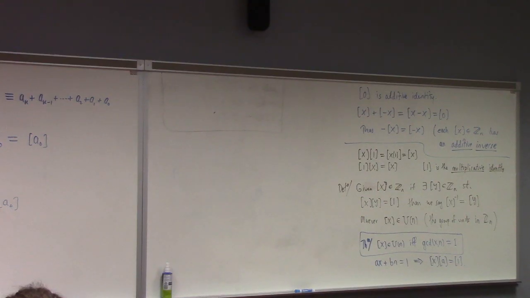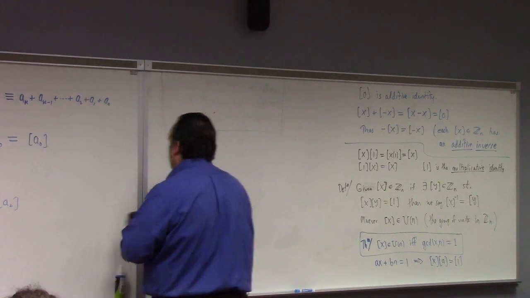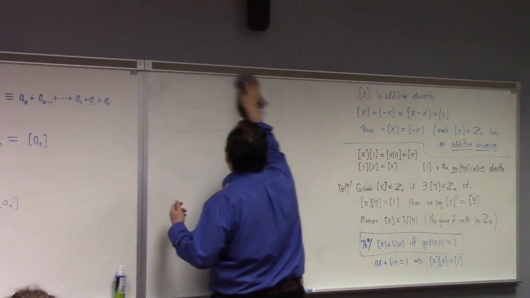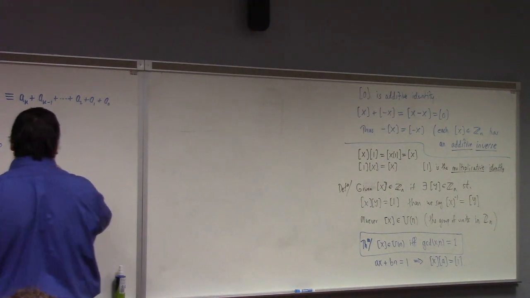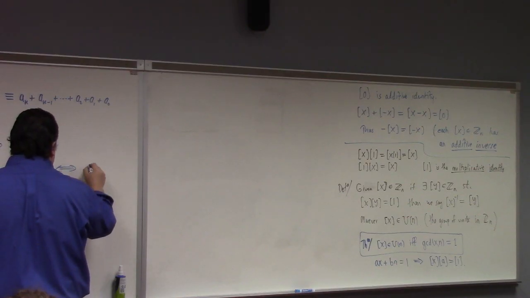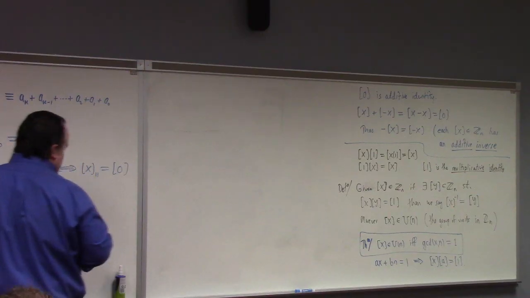Let's see here. So, what if we wanted to study divisibility mod 11? I guess that's the question I was trying to come to. So if we wanted to see, does 11 divide x, that would only be true if the equivalence class of x mod 11 was 0, right?